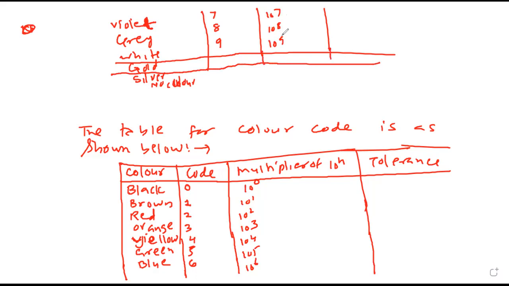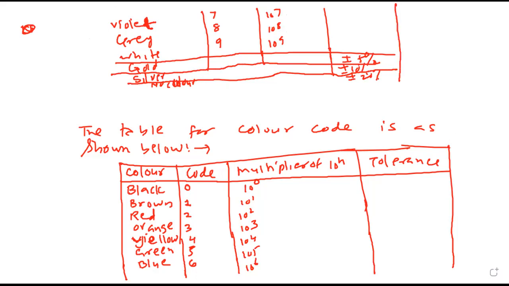Gold is for tolerance of plus or minus 5%, silver plus or minus 10%, no color plus or minus 20%. Complete this, then we'll see the meaning.